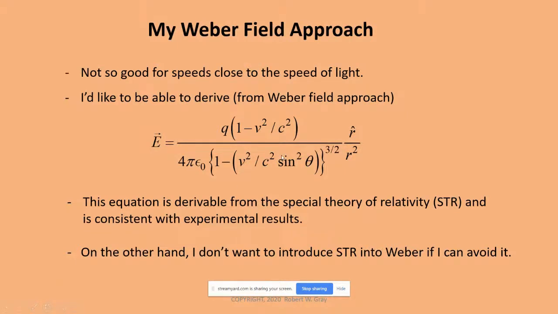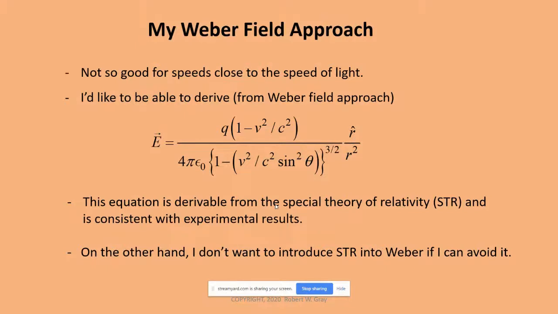That's how I learned this equation originally in graduate classes. They say, well, now we're going to go into the special theory of relativity with Maxwell's equations, the transformation equation, blah, blah, and you can come up with this equation, which has been verified by experimentation. And I'd like to do that for Weber. Haven't done it yet.